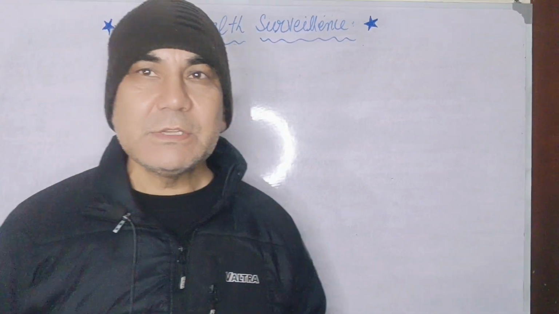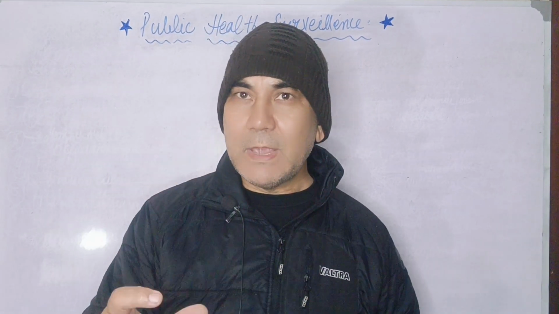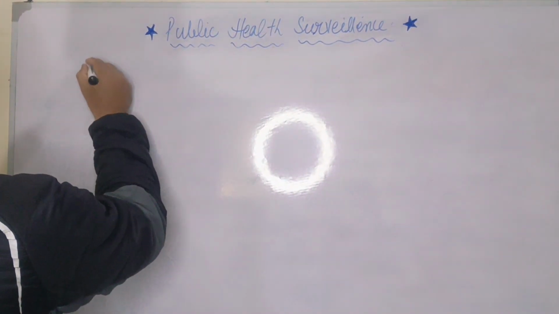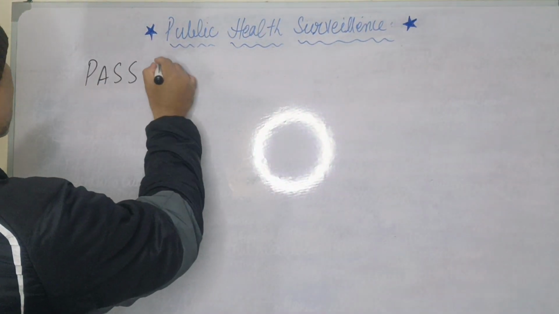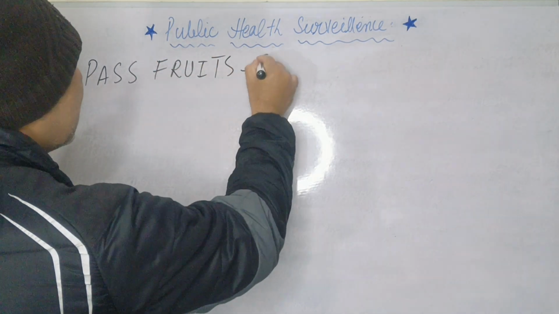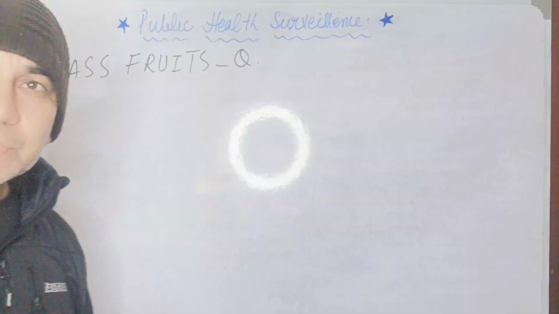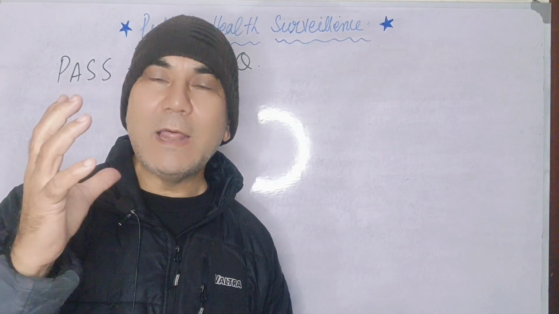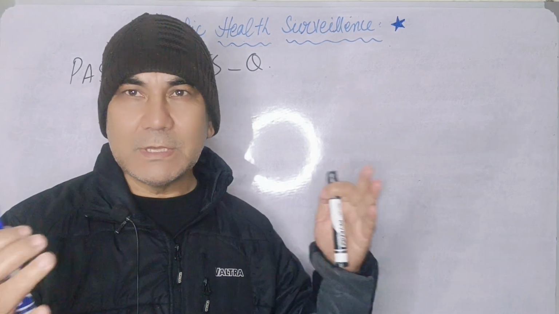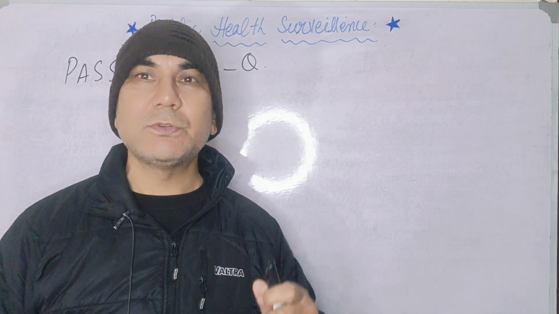So for this memorization, I make your life easier with a mnemonic, called PASS FRUITS, pass the fruits in a queue. This mnemonic captures all 10 to 11 characteristics of a public health surveillance system. Let's go through the mnemonic to see what characteristics a public health surveillance system should have.